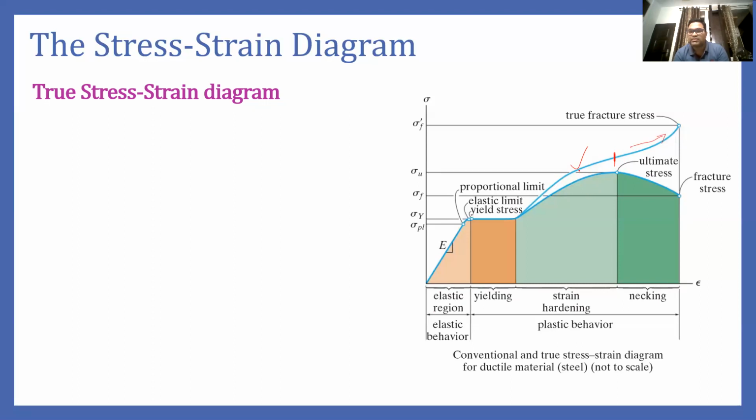That is why this stress-strain curve is rising. While in the conventional stress-strain diagram that we have discussed, whether we find the stress at this location or that location, we are finding it by dividing by the original or initial cross-sectional area.